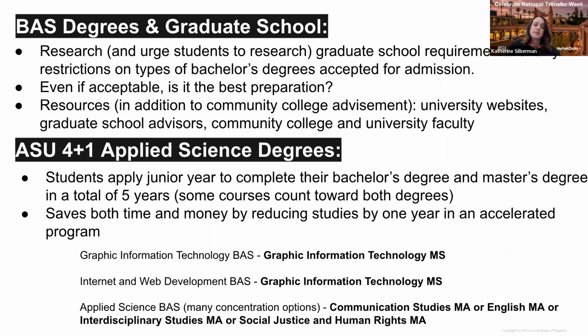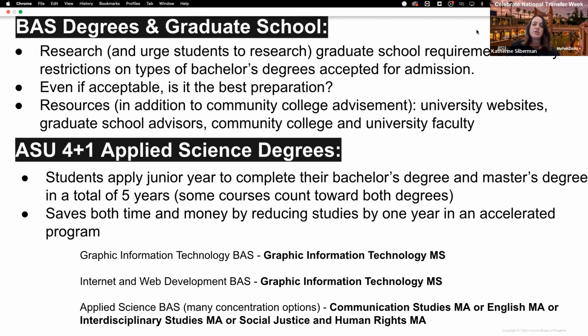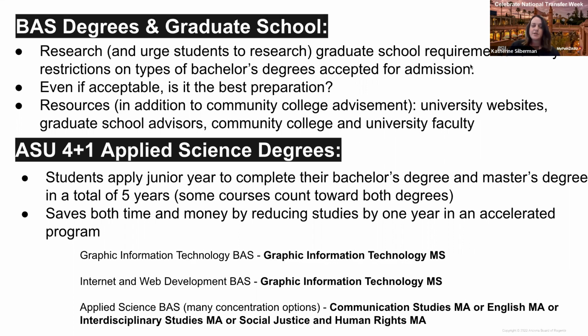Of course, in addition to community college advisors as a wonderful resource to help students weigh their options and make that decision about what type of bachelor's degree they want to pursue, university websites are going to provide a lot of information.